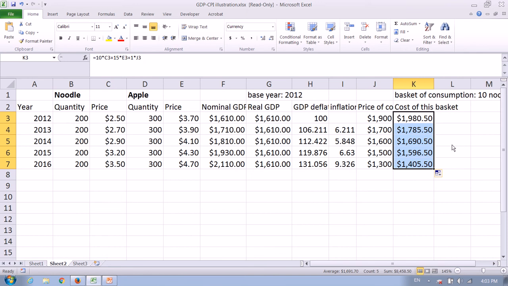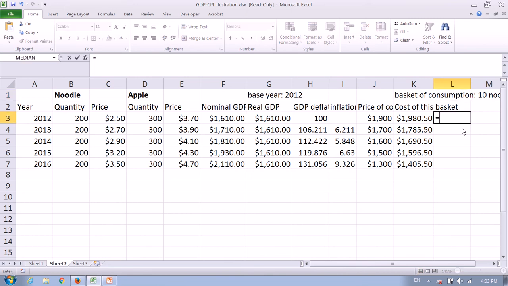Okay, let's choose the base year. Let's choose 2012 as the base year. So now CPI is 100 times the cost of this basket in that year over the cost in the base year.